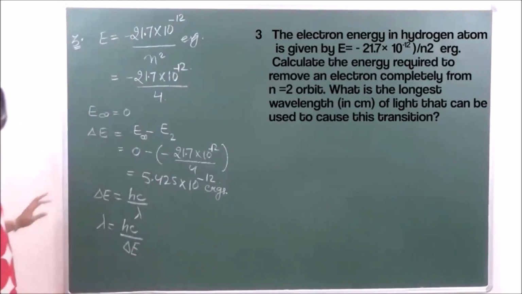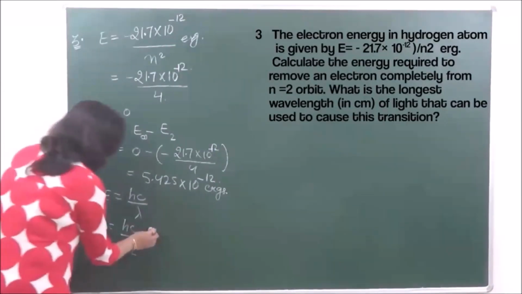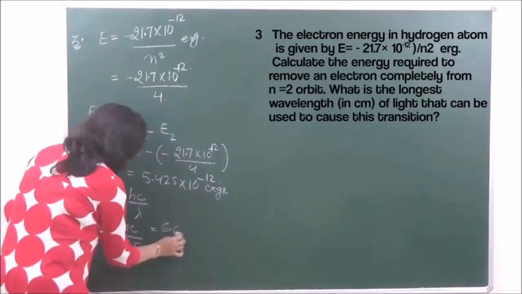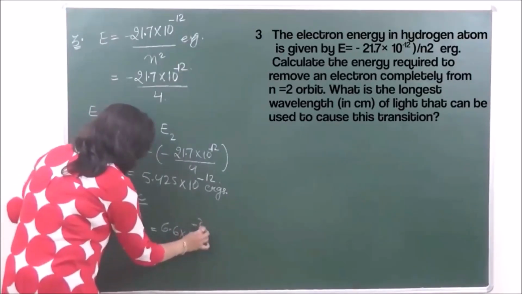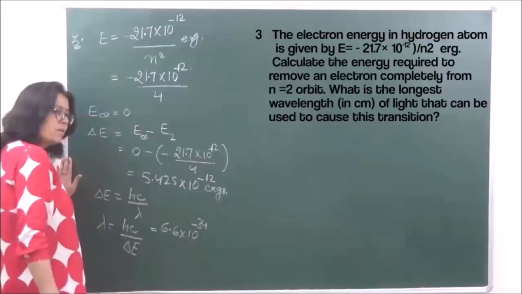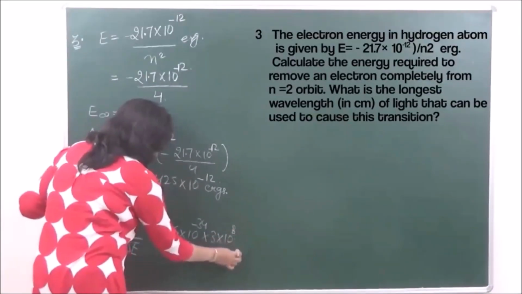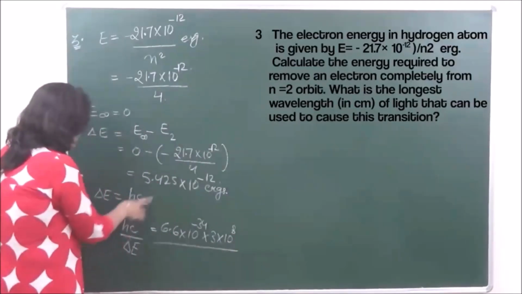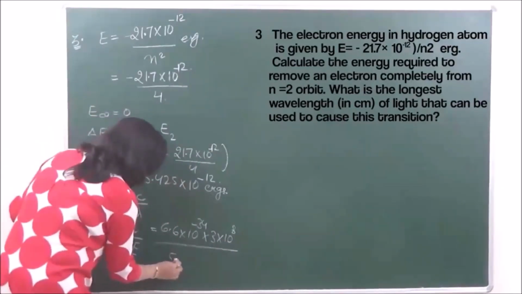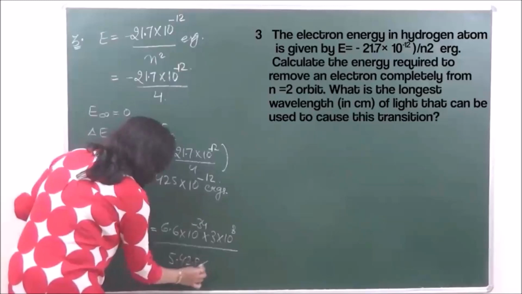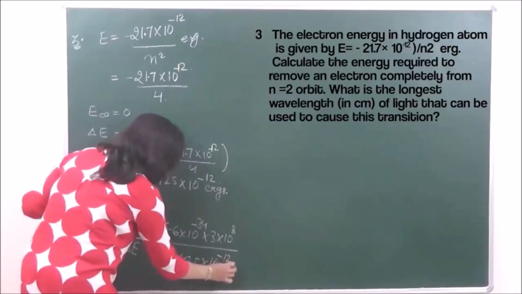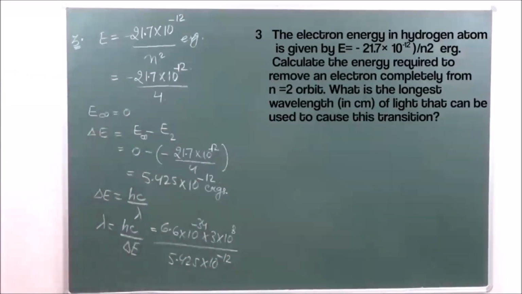HC upon delta E. Let's put the values. The value of H is 6.6 into 10 raised to power 34 into 3 into 10 raised to power 8 upon the value of delta E, that is 5.425 into 10 raised to power minus 12.